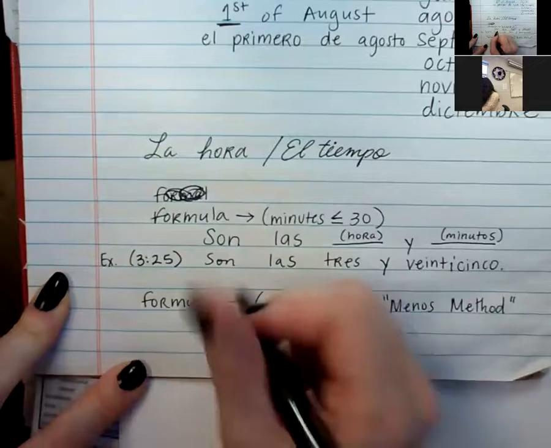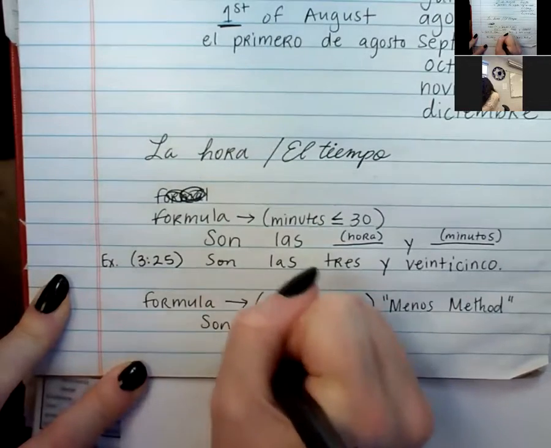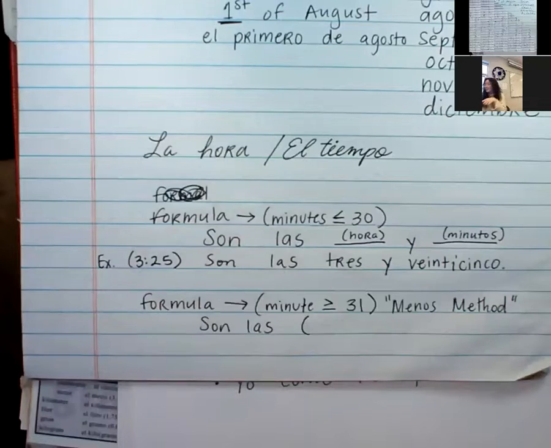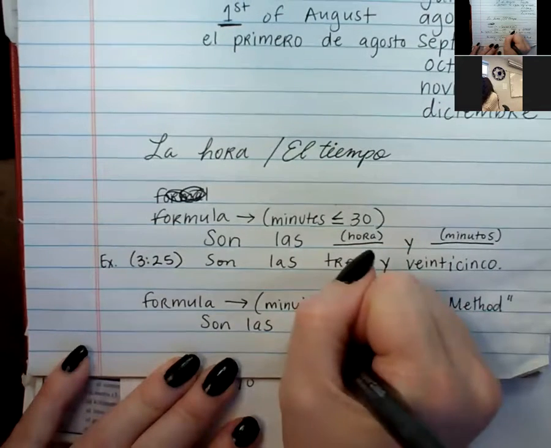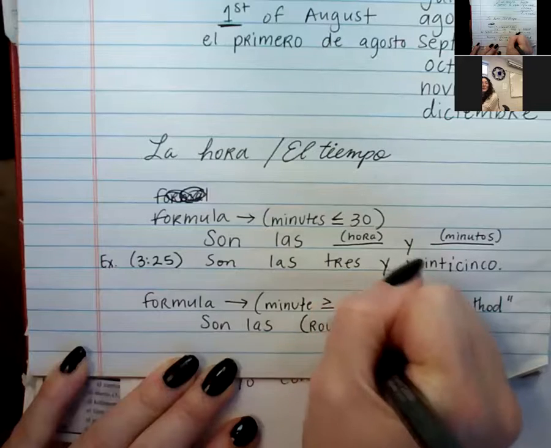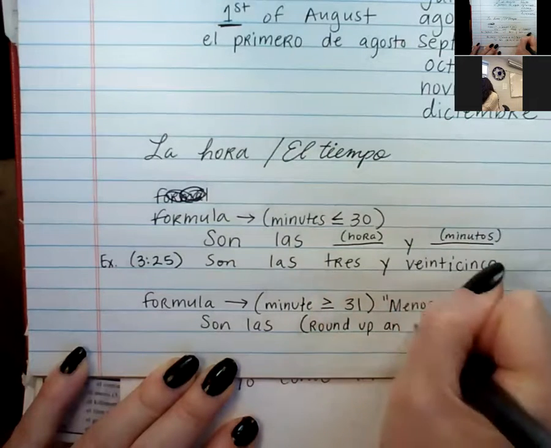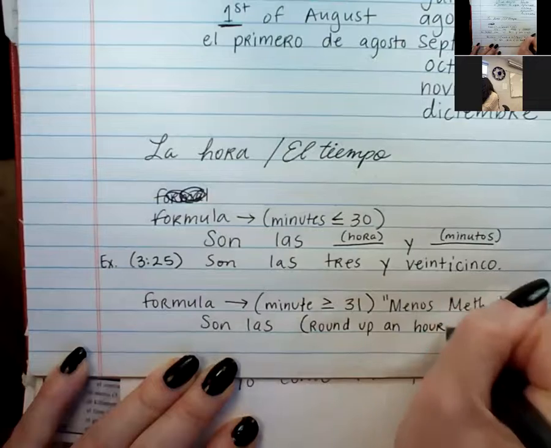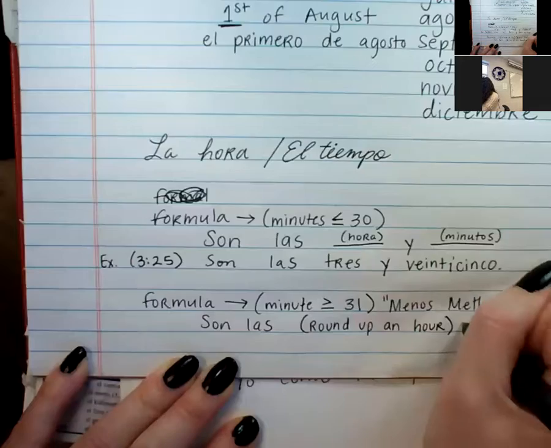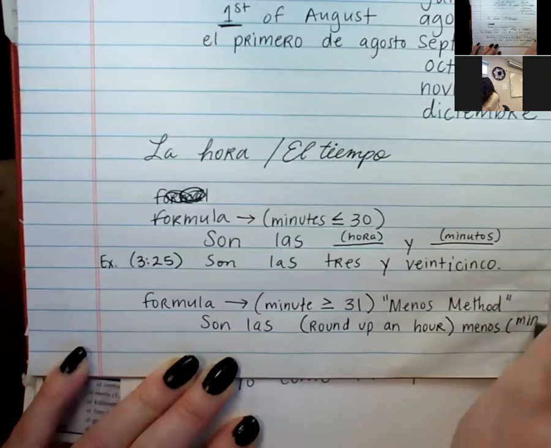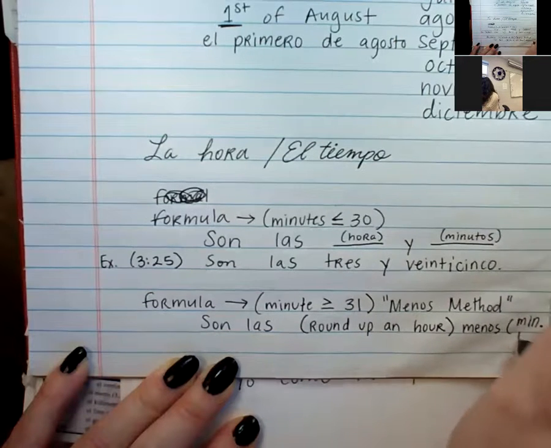So you are going to say son las, and then you're going to round up to the next hour. Then you're going to say menos the minutes till.